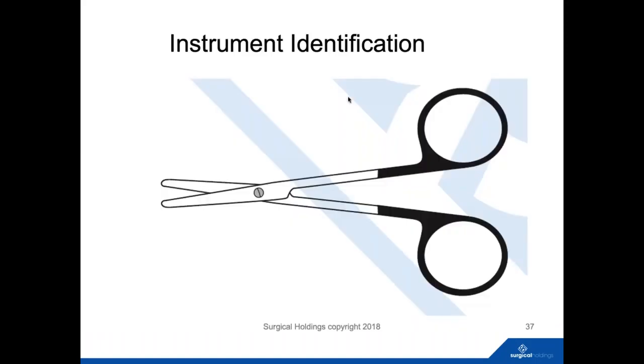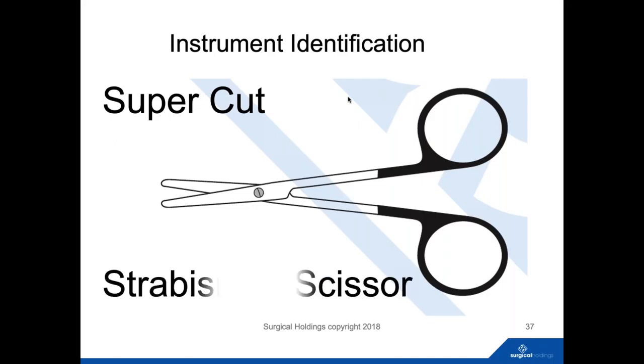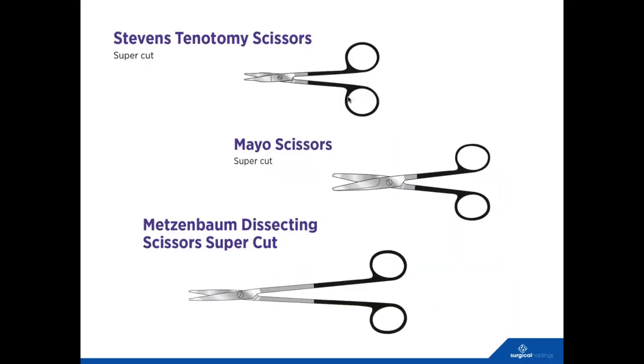Further to the identification, black bows, again, that's for identification purposes. That means supercut. Is that the term that's in the States as well, supercut, Bob? Yes. Yeah, okay, great. On a strabismus scissor, again, popular scissors there. Really, the most common scissors, I guess, we see the bottom two are Metzenbaum and Mayo scissors.